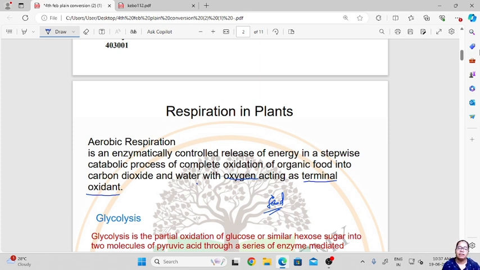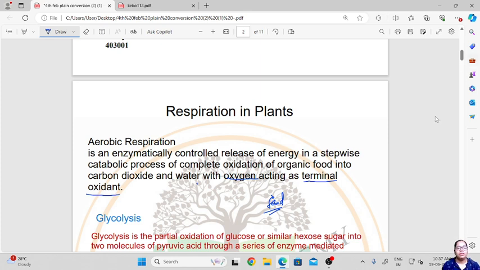The enzymes and oxygen will act upon the food that we eat, and it will form byproducts, that is carbon dioxide and water, which will be released out from the body. So this is how aerobic respiration takes place in plants, that is in the presence of oxygen. Aerobic means in the presence of oxygen. So this is about aerobic respiration.